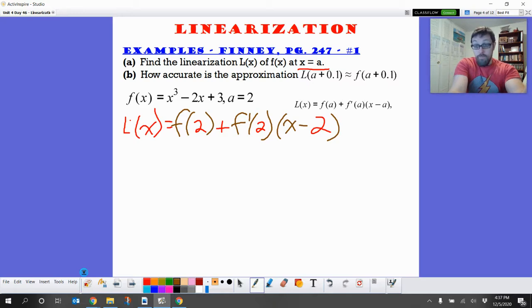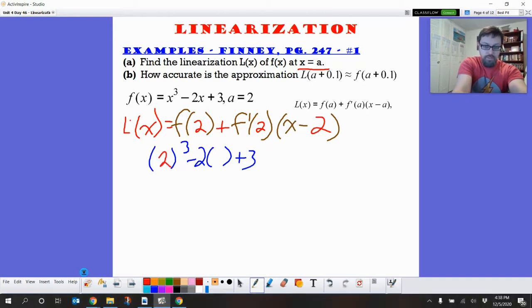So we just evaluate all of these things. It's just a matter of plugging and chugging. So f of x is something cubed minus 2 times something plus 3, where something in this case is 2. Plus we need to do f prime of something. So I'm going to write that out.